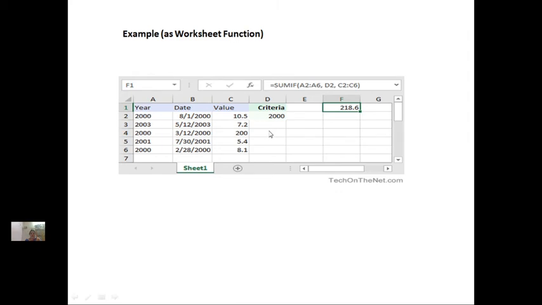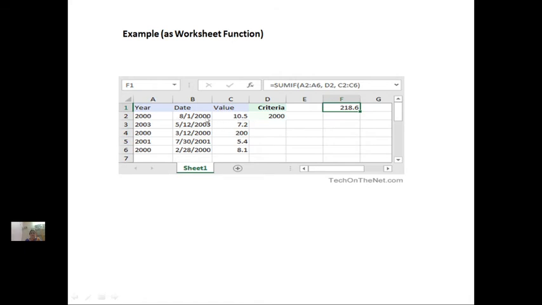The total is 218.6. That is, criteria 2000 is 10.5, then again 2000 is 200, and again 2000 is 8.1. So 218.6. The criteria, meaning the condition, is the year 2000 with its corresponding value.